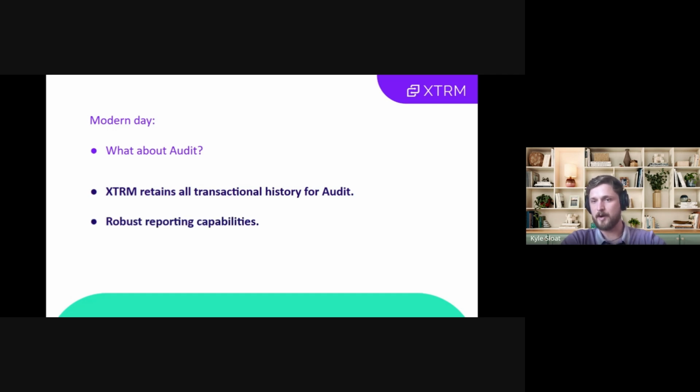So your audit potential is greatly reduced, and essentially, if there was to be any sort of audit, you could come to Xtrm and we would be able to provide all transactional history for the entirety of your time transacting with Xtrm. We also have robust reporting capabilities to make it really easy for you to sort, even if it's not just an audit, through your payments and find the information that you require.